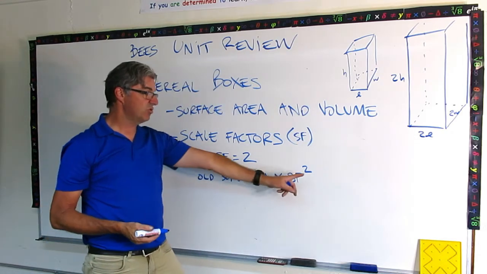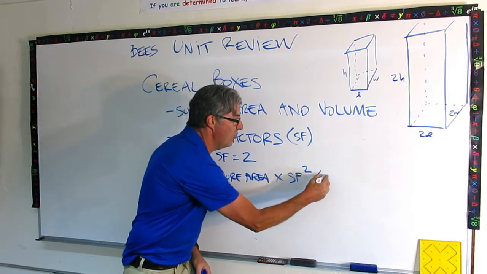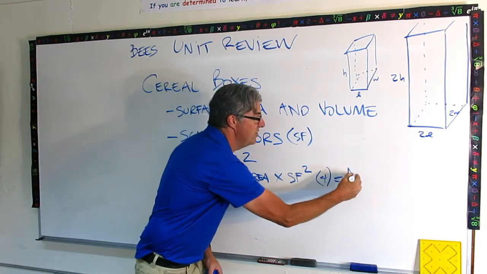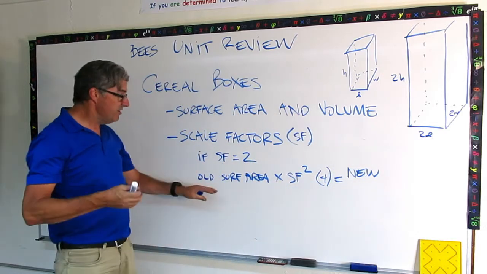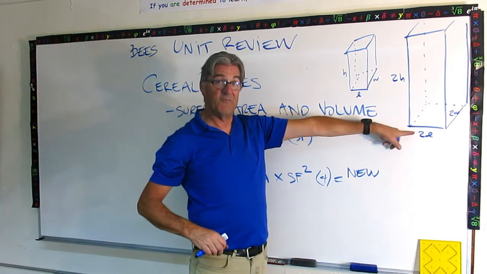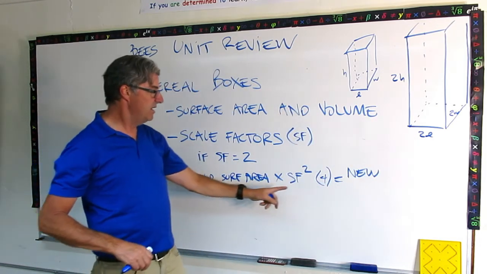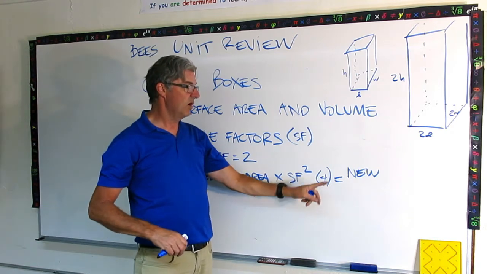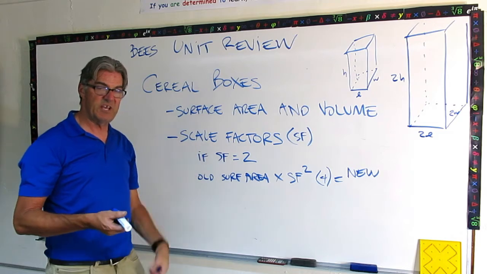Because area is a squared quantity, so you square the scale factor, so this would be times 4, and that's going to give you the new surface area. So if you calculated the old surface area, and the scale factor was 2, we doubled the dimensions, then you would multiply the old surface area by the scale factor squared, which would be 4, to get the new surface area. So you can skip the calculation just by using the scale factor.